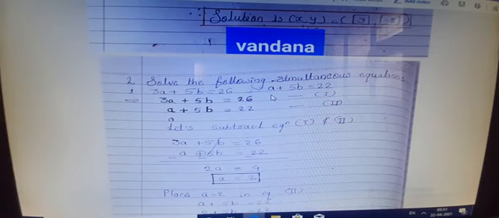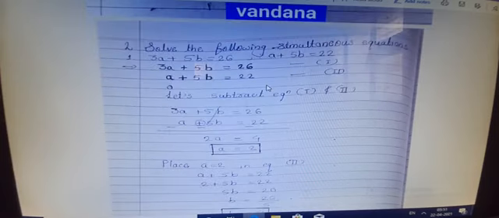Here also we are asked to solve the simultaneous equations. The first equation we assume as number one and the next as number two. Now here also observe the coefficient of a: here it is 3 and here it is 1, again different. The coefficient of b is plus 5 and plus 5. The coefficient is the same and the sign is also the same, so we have to subtract.